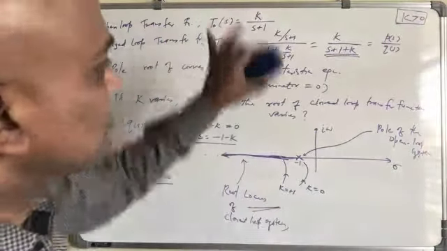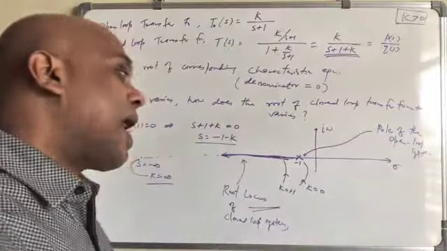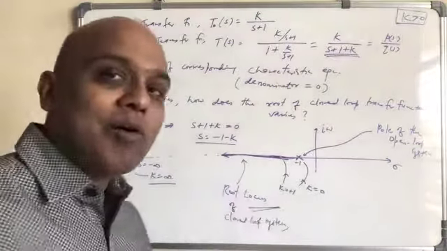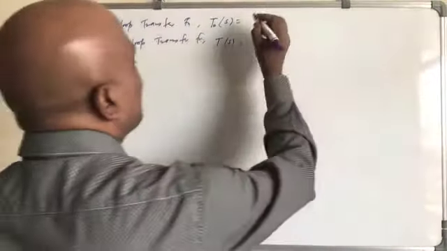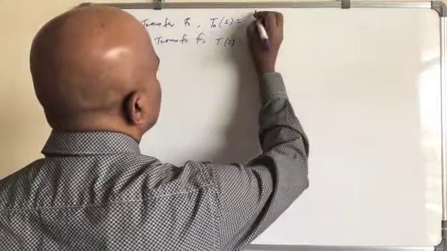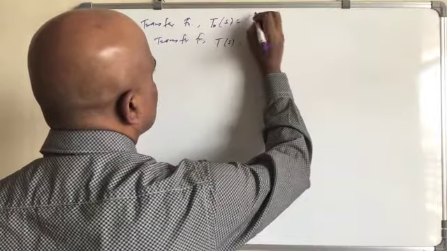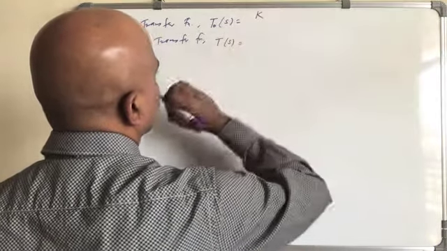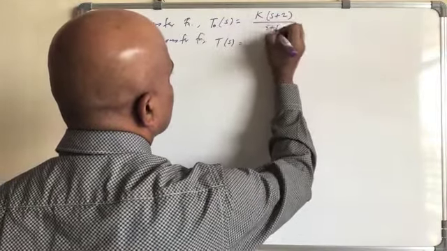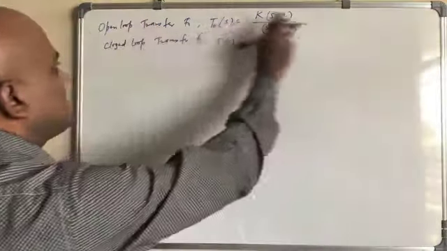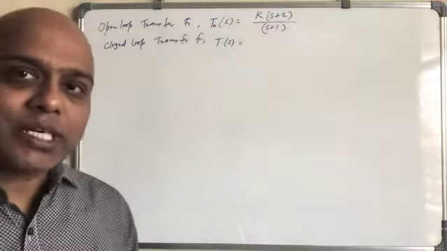This was a very simple example. Now we will add a few more things and see how it goes. Let's now have a system something like K, s plus 2 divided by s plus 1. This is our open loop transfer function.